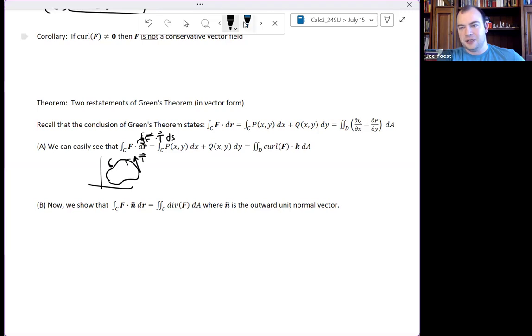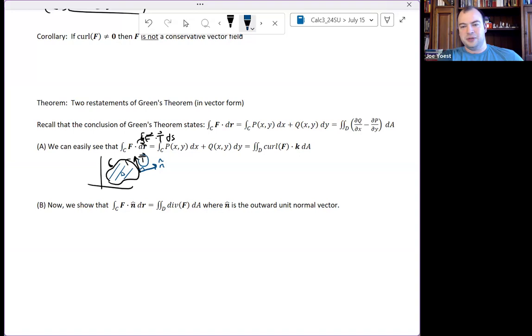But then we can also think of a normal to this curve, and I'll write it as an n hat because we're going to take it to be a unit normal. I have an outward normal: the normal meets the tangent vector at 90 degrees, and it's outward because it's pointing outside of the interior domain, away from that central bit.